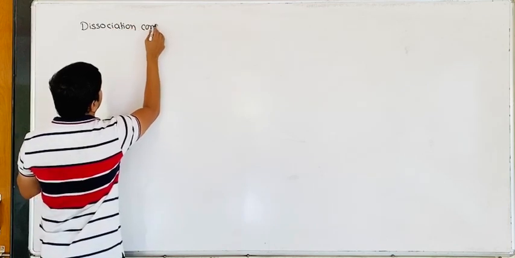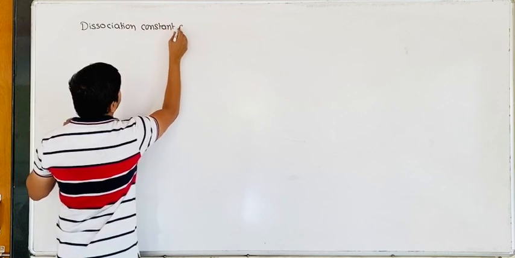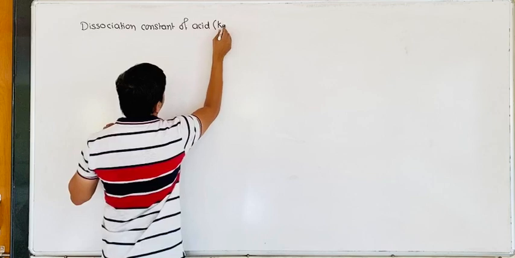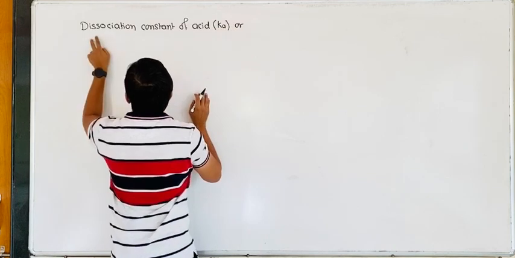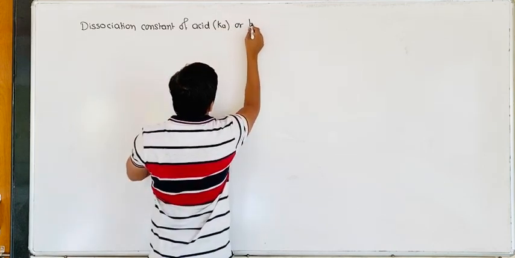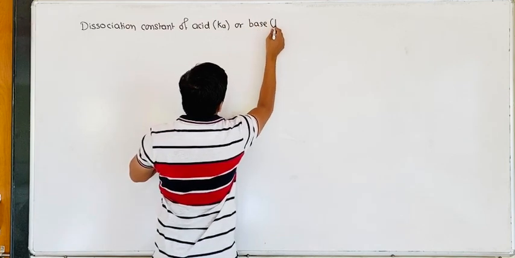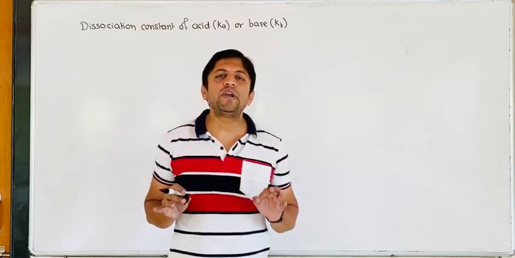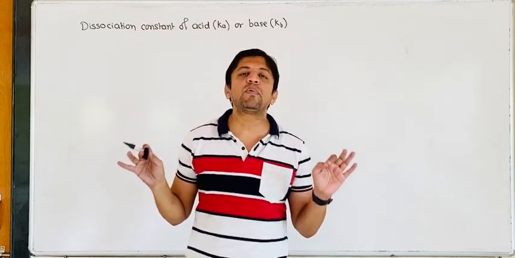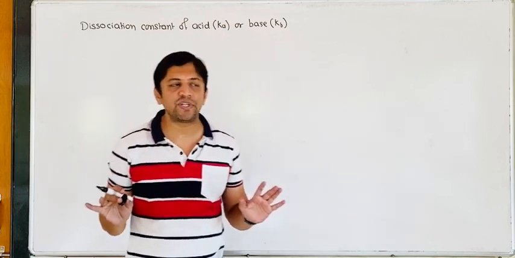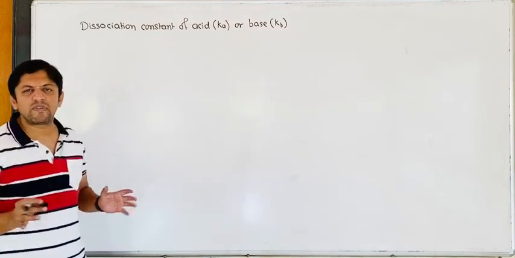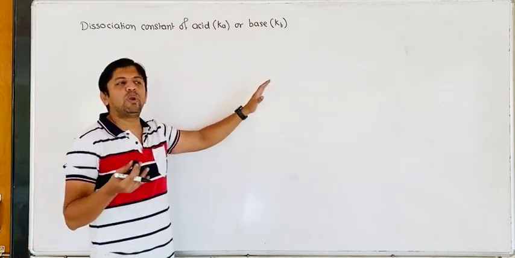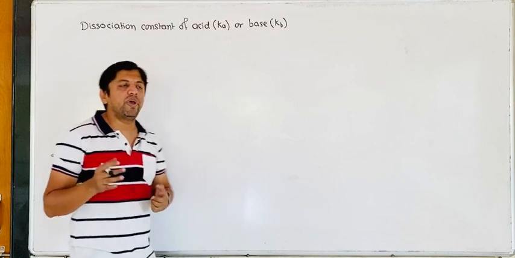Dissociation constant of acid is represented as Ka, or dissociation constant of base is represented as Kb. Now dissociation constant simply means equilibrium constant for a dissociation reaction. These are not new terms. It is nothing but equilibrium constant for dissociation of acid and equilibrium constant for dissociation of base.